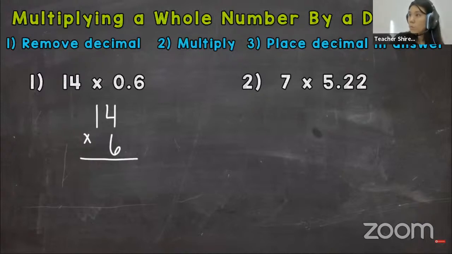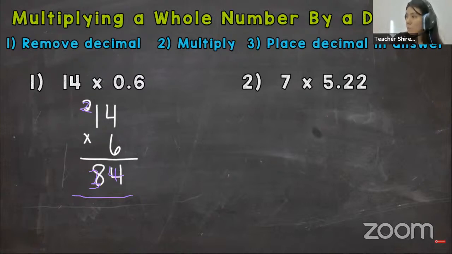Step 2, we multiply or solve just like we would any other multiplication problem involving whole numbers. So 6 times 4 is 24. 6 times 1 is 6, plus that 2 is 8. So we get an answer of 84, but we're not quite done yet. Step 3, we need to place the decimal in our answer. We do that by looking at the original problem and seeing how many digits are to the right of, or behind, a decimal.